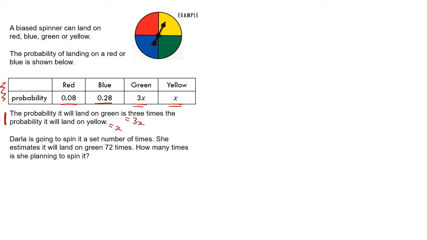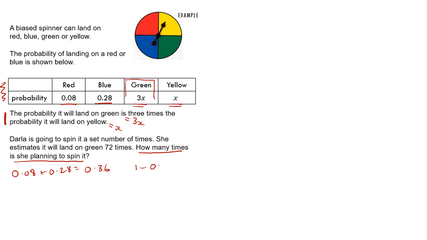Now the spinner is going to be spun a number of times, and Darla estimates it will land on green 72 times. The final bit we need to work out is how many times she's planning to spin it. But let's start off by working out the probability of rolling a green. So the probability of rolling red or blue is 0.36.